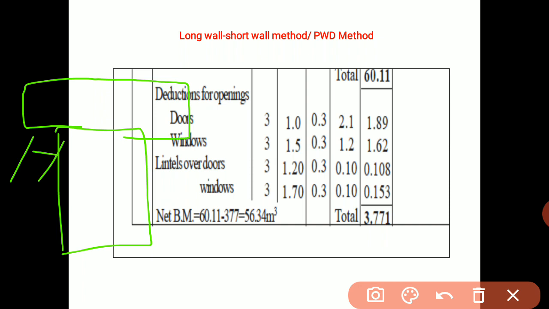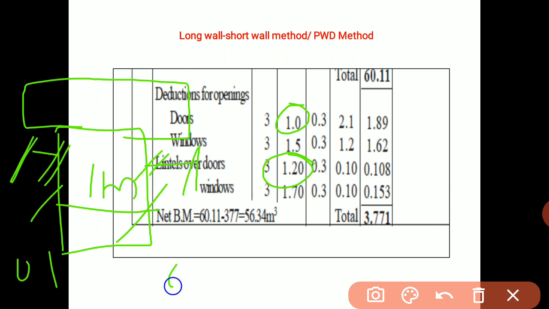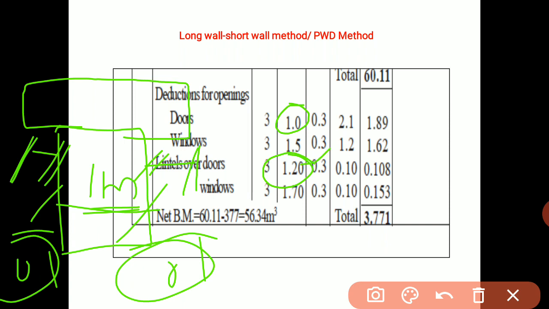We have this offset of 0.1. This is our door dimension, 1 meter is given. Whatever we have taken here is 1 meter, and this offset is 0.1 on each side. So we are going to add 0.2 over this 1 meter, so we will get 1.2.